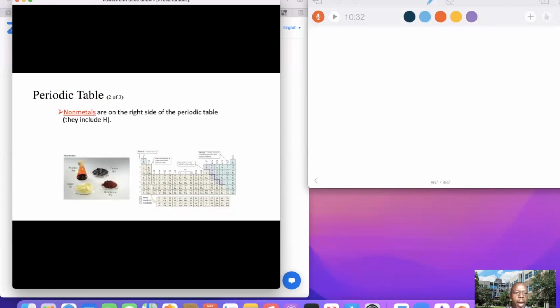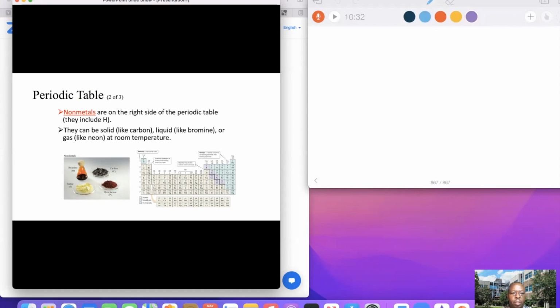Now, non-metals are on the right side of the periodic table. With respect to the staircase, the bold zigzag, these are non-metals, except hydrogen on this side, of course. Most of them are gases at room temperature except a few which are solid.